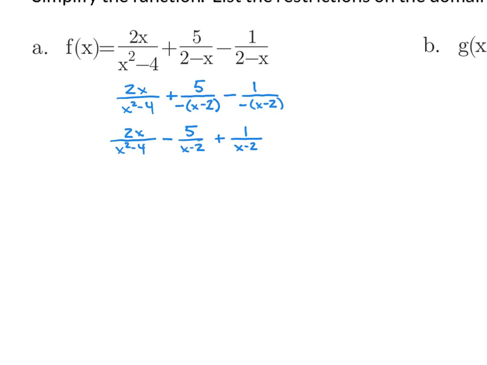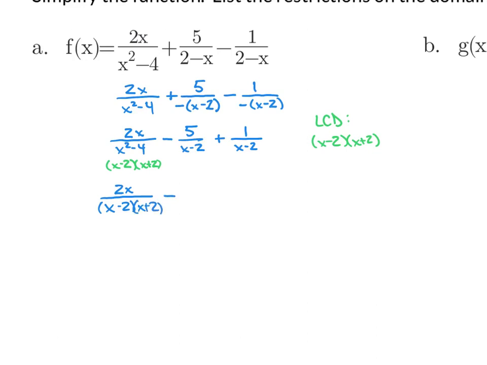Okay, we need to go ahead and factor the first one. This is going to be x minus 2, x plus 2. And so my LCD is going to be x minus 2, x plus 2. All right, so the first one, we don't need to do anything to that. This is just going to stay 2x over x minus 2, x plus 2.